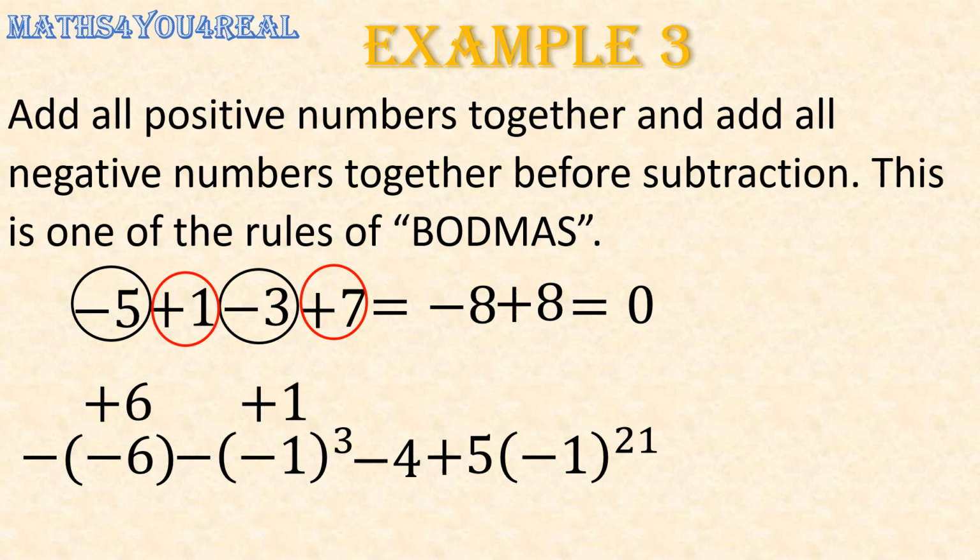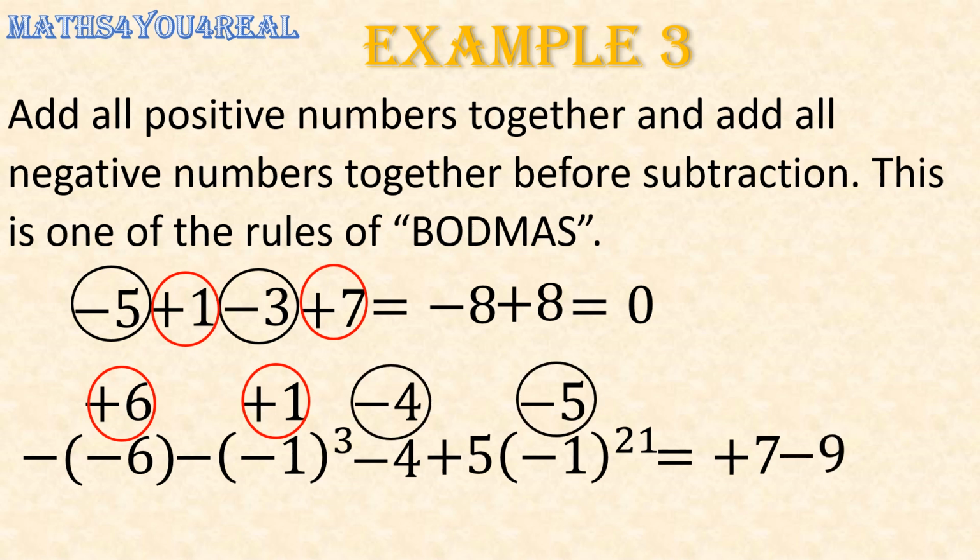Minus minus 1 to power 3 is equal to plus 1. Plus 5 times minus 1 to power 21 is equal to minus 5. Therefore, plus 6 plus 1 is equal to plus 7. Minus 4 minus 5 is equal to minus 9. Finally, plus 7 minus 9 is equal to minus 2.